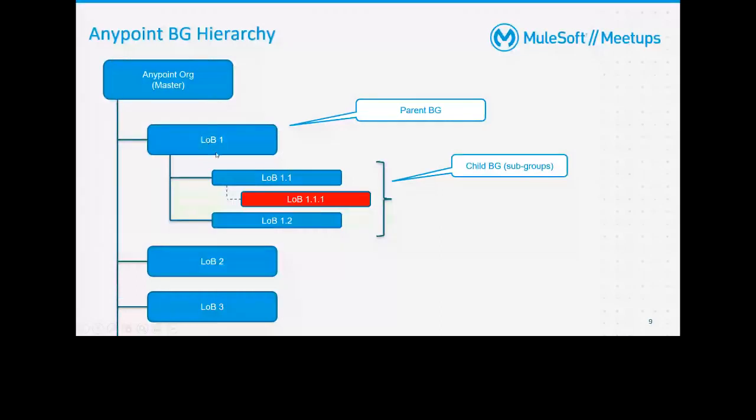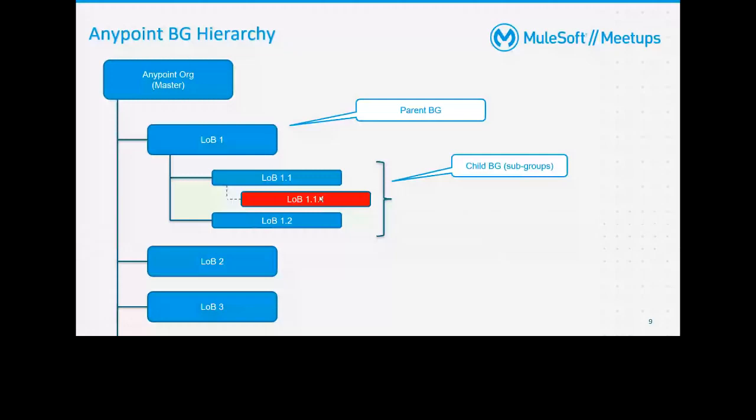Under that you can create multiple child business groups, but try to avoid creating granular business groups. At a later point of time, when you would like to move the assets from the lower level, it becomes very clumsy and you will not be able to manage. So personally, I will not recommend creating lower level sub business groups. You can stop it at one level.